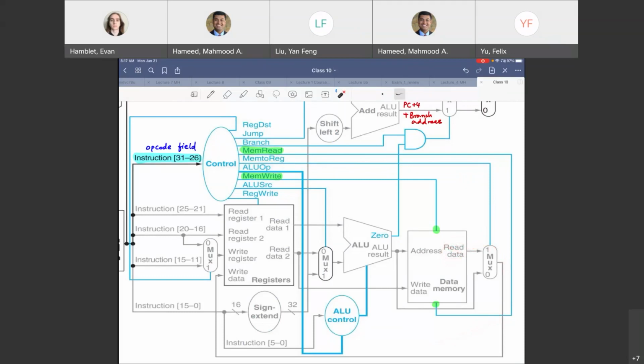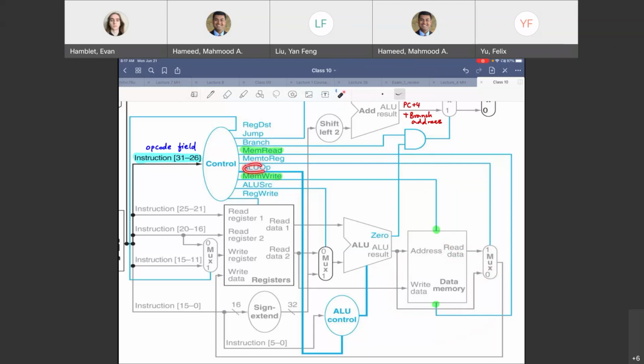Add would be an instruction for which memory to register would be a 0, because there are two things you are selecting from: one, what you just read from the memory, or the output of the ALU. So in your add, say you added two things and found the answer and you want to write it back to the register file. In that case, you will have memory to register as 0.